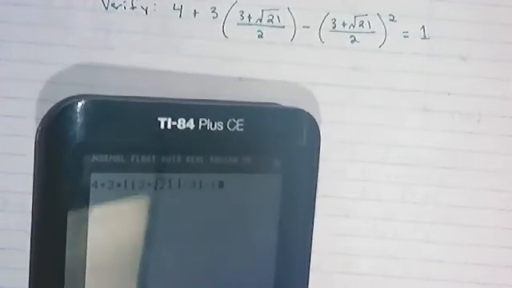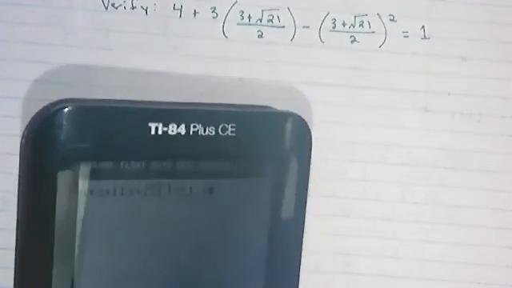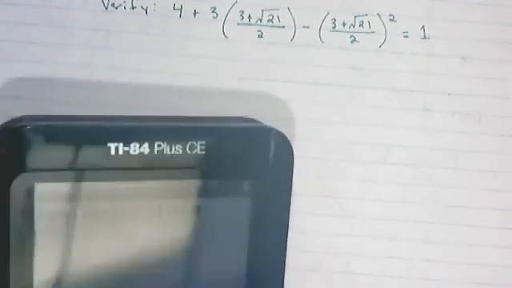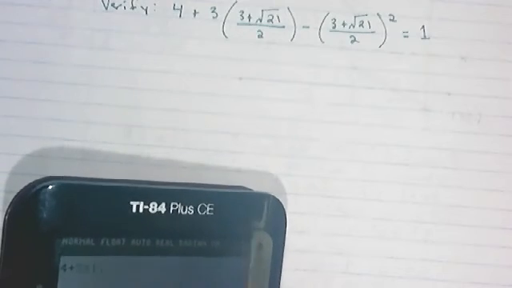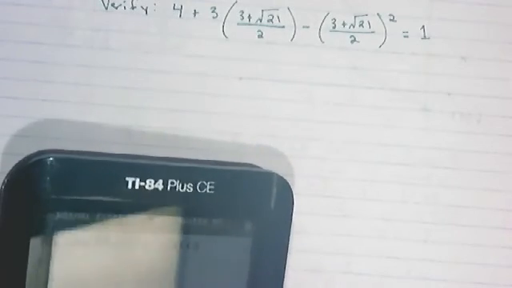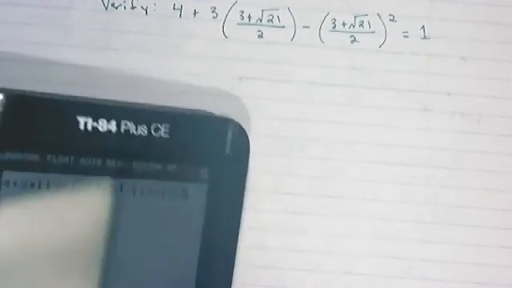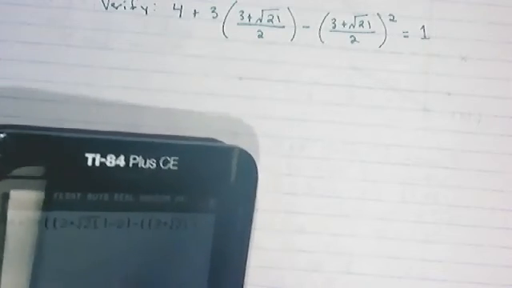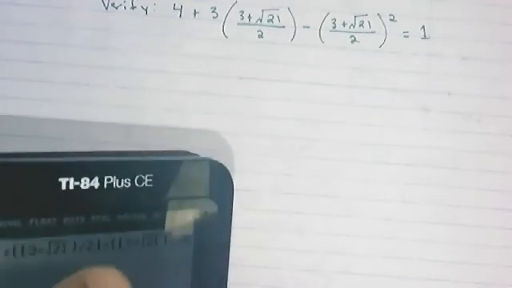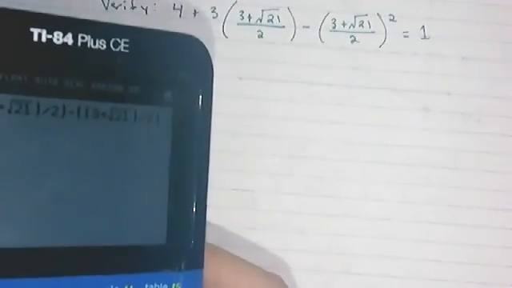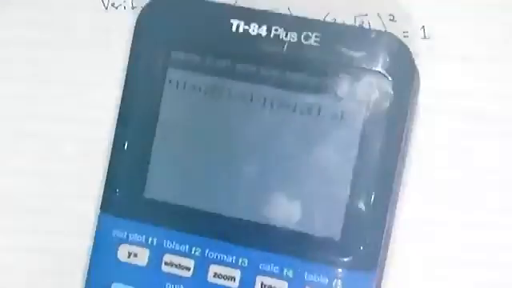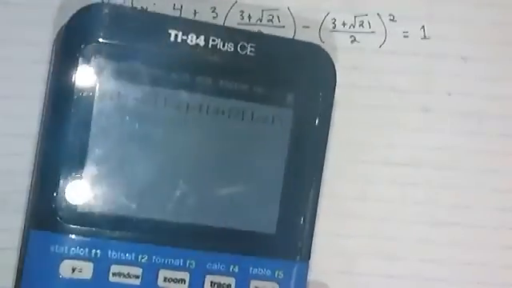I'm going to do open parentheses, and another open parentheses for the numerator, 3 plus the square root of 21. Again, close out parentheses, divide by 2, close the parenthesis there, and square it. If we feel confident in all of our parentheses, we press enter, it should be 1.